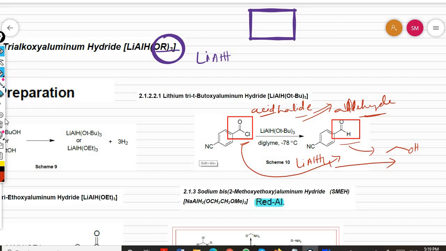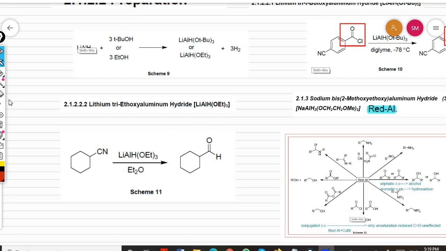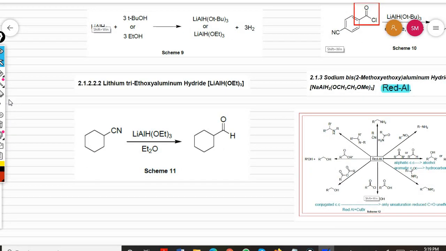One more example of the substituted lithium aluminum hydrides is triethoxy lithium aluminum hydride. This also has a less reducing nature. Earlier, with lithium aluminum hydride, nitriles are converted into amines because of the complete reducing nature.